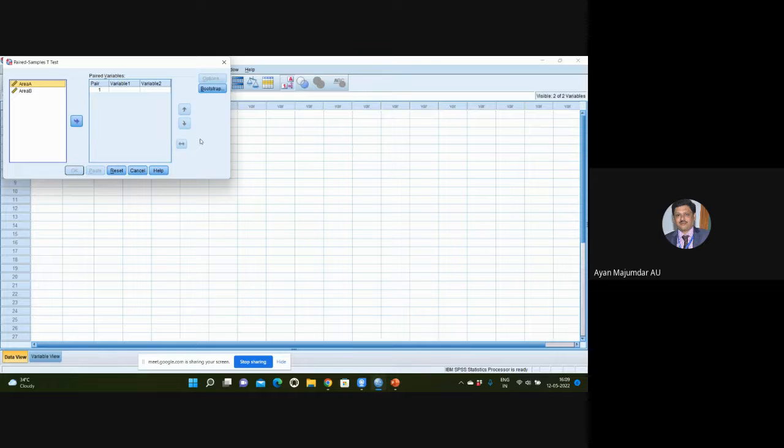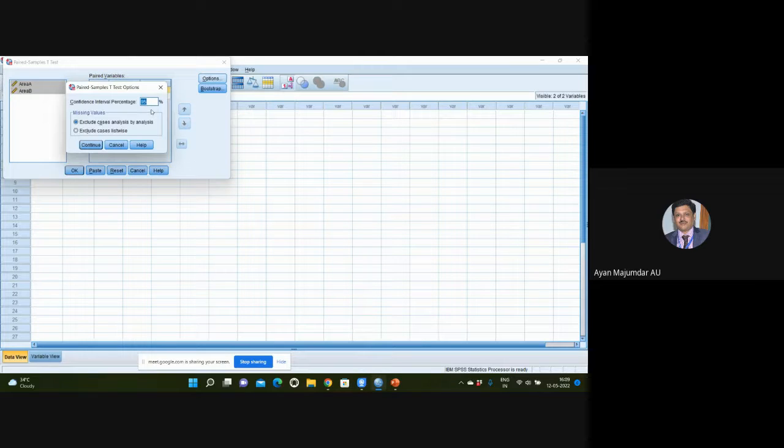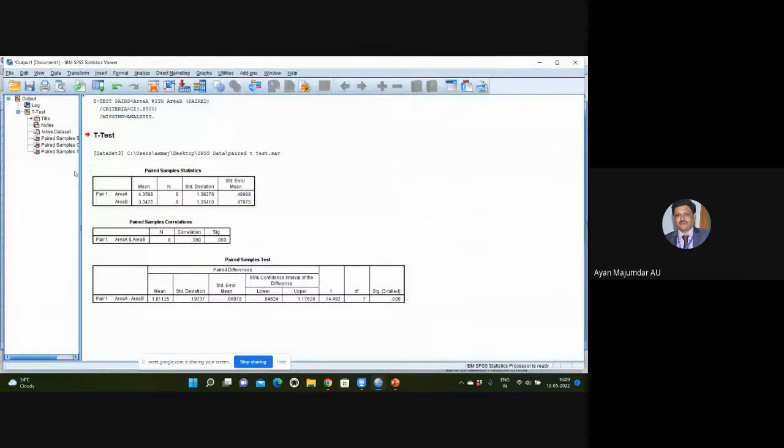Select both A and B together and transfer them here. So this is the paired variable, A and B. The option by default is 95% selected, so we are testing at 5% level of significance. Let's run the test.